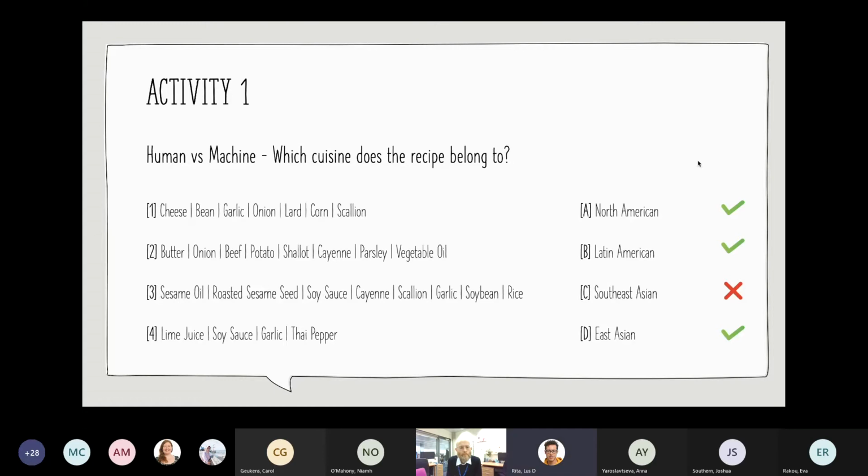For example, you type in the text box list of ingredients, just 1A, 2B, 3C, etc., according to what you think these lists of ingredients belong to.